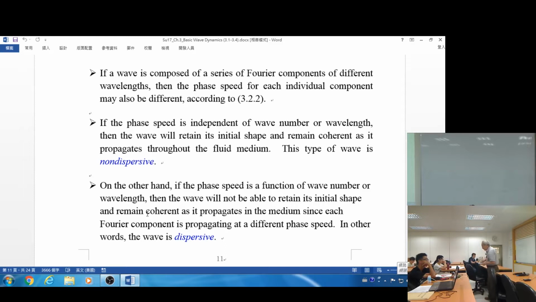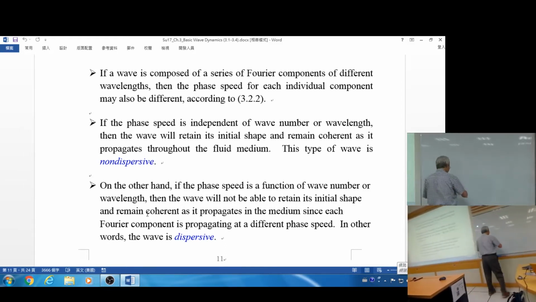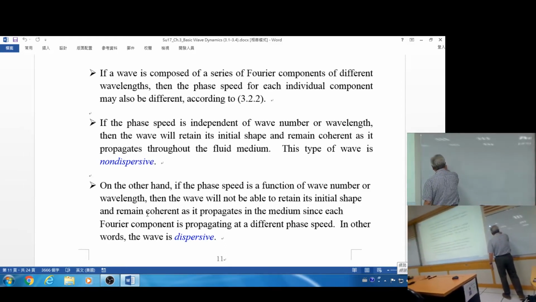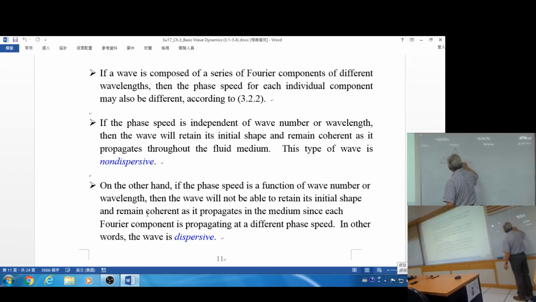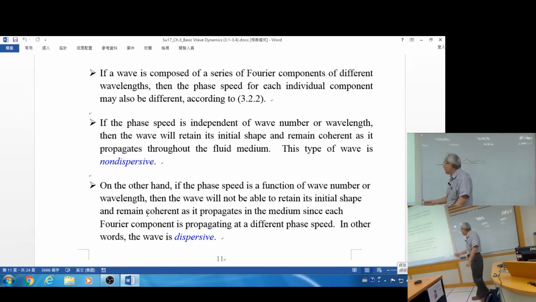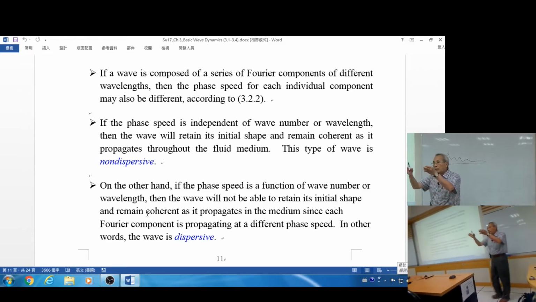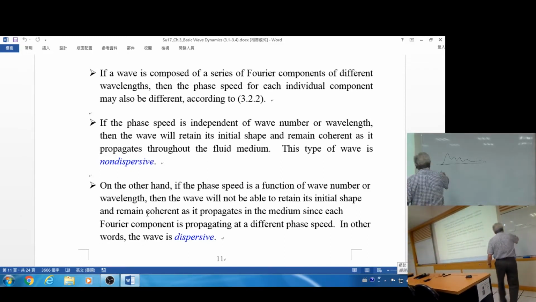So I give you one example. Say you have a wave like this, and this wave can be composed of waves with different wavelengths.